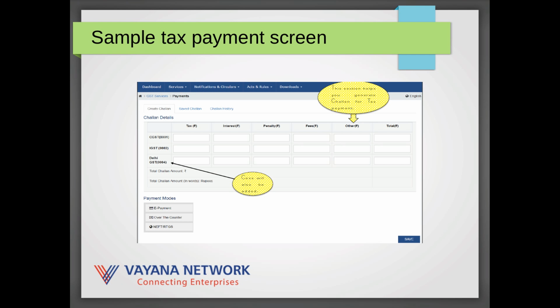And as a business, you would be required to make the payments for the various taxes. These screens may appear either on the ASPs or may even appear in specific payment systems. I'm not sure exactly where this particular screen of making payments could appear, but you do need to make payments and get a challan number at the end of it.